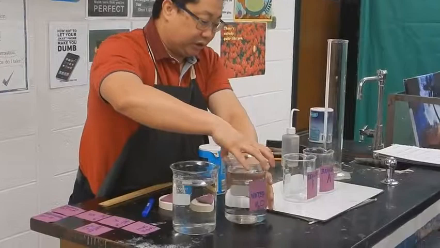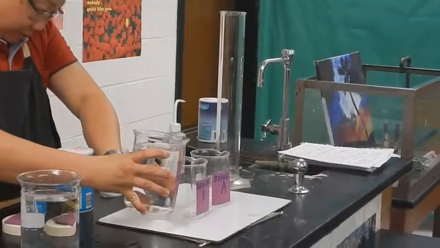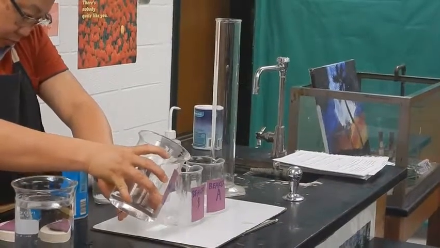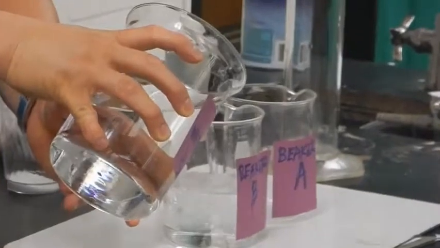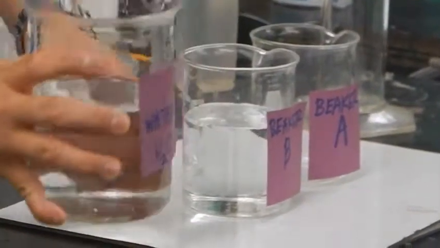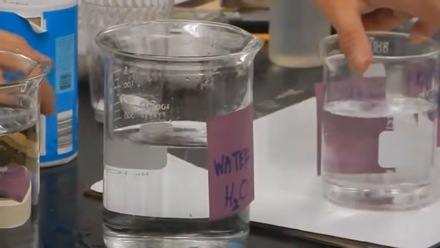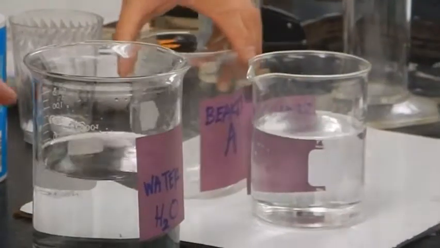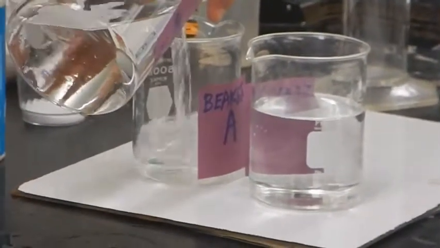So this is the water. I'll be pouring 400 ml. Okay? So we have 400 ml in the first one. In the second one, I will also be putting 400 ml.